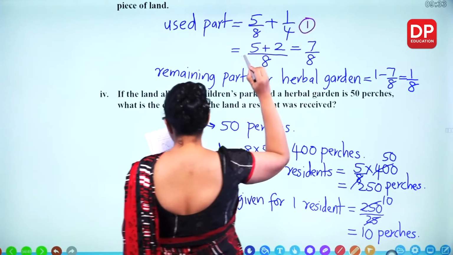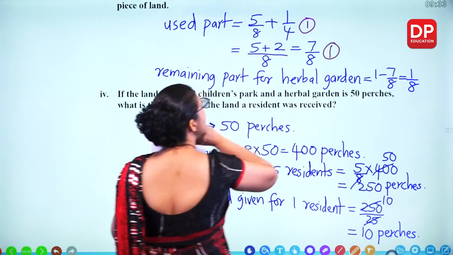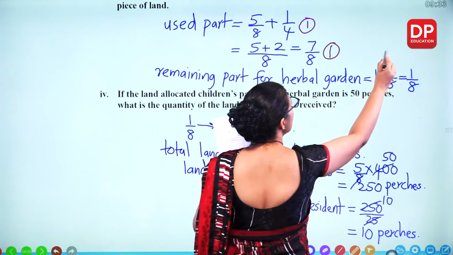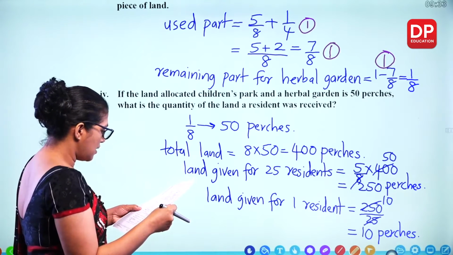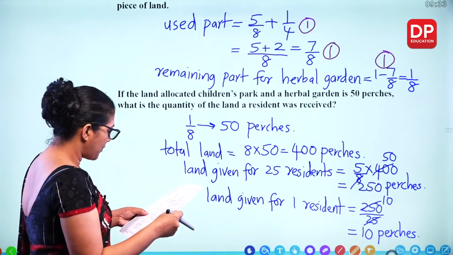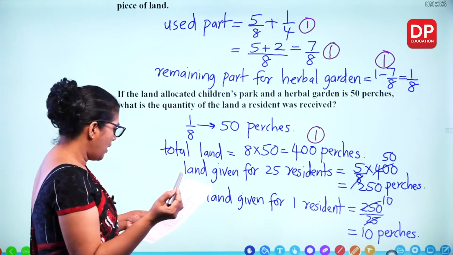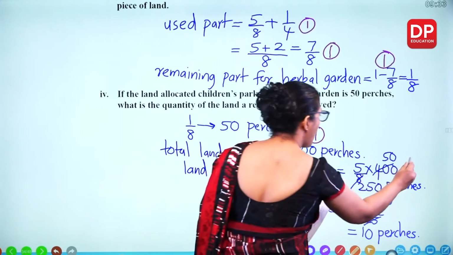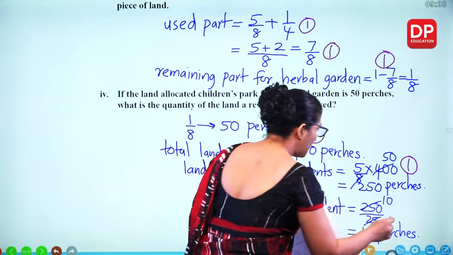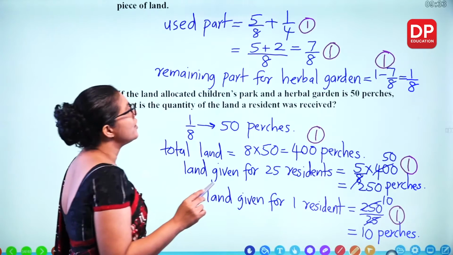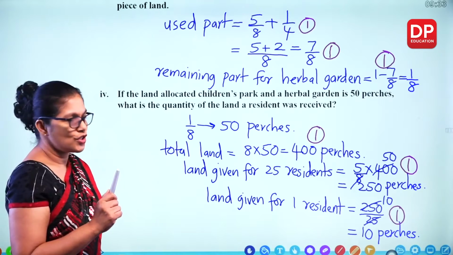Finding the total 1 mark, getting the answer 1 mark, and subtracting from 1, that's 1 mark. And fourth part, another 3 marks. So altogether 400 perches land, 1 mark, and 5/8 of 400, that's 1 mark, and 10 perches for each resident, 1 mark. So 3, 3, 6, and earlier 4, 10 marks for the first question.